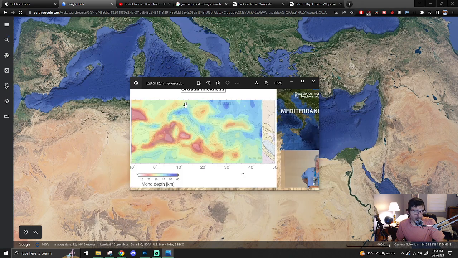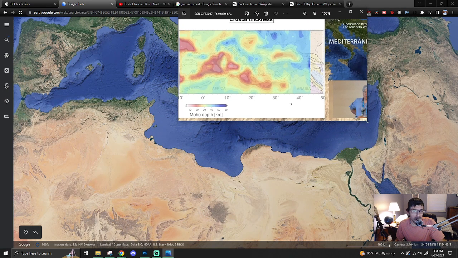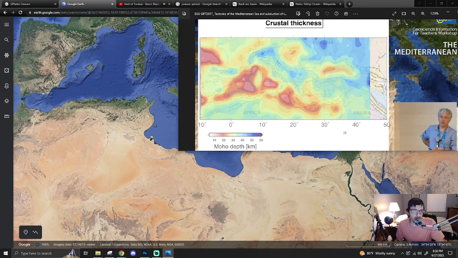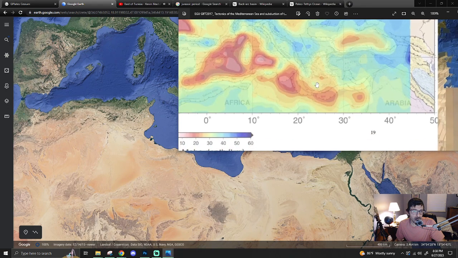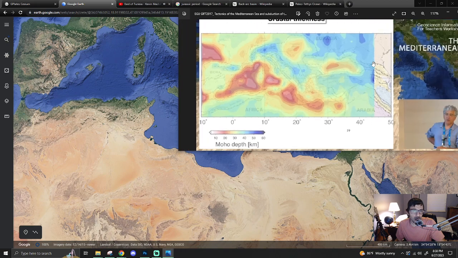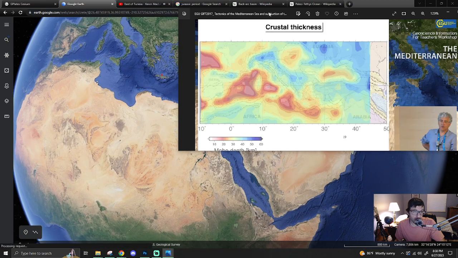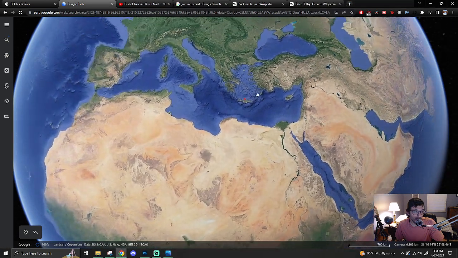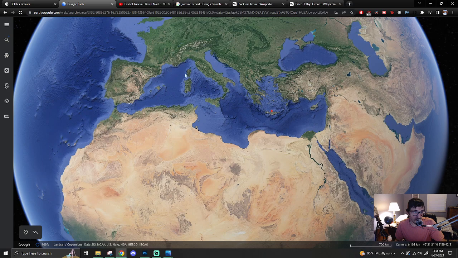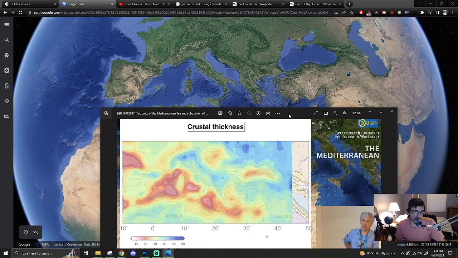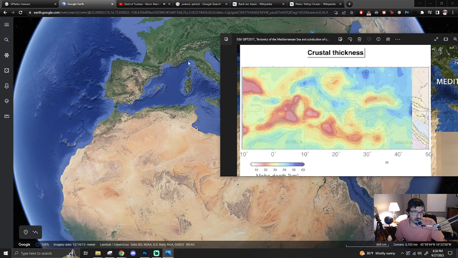Let's just compare now. I guess the really low thickness is here. That's pretty, okay. Oops. Oopsie. So we can kind of see the western section pretty clear in there, as well as over there. We can see that.